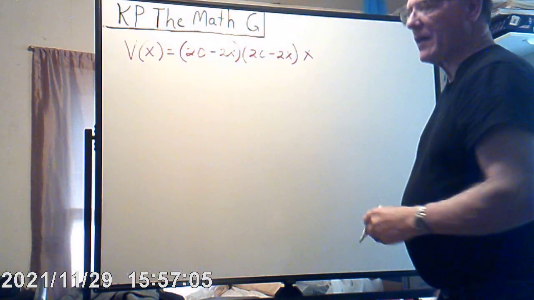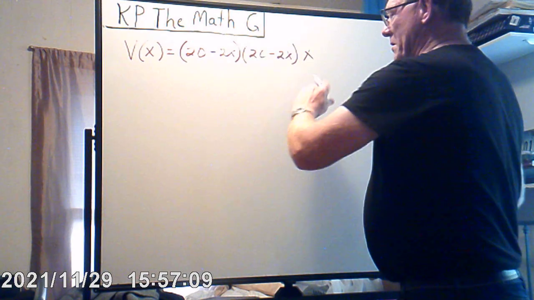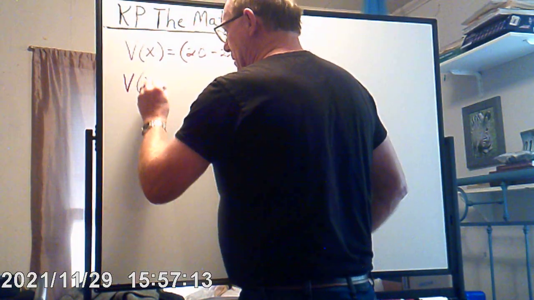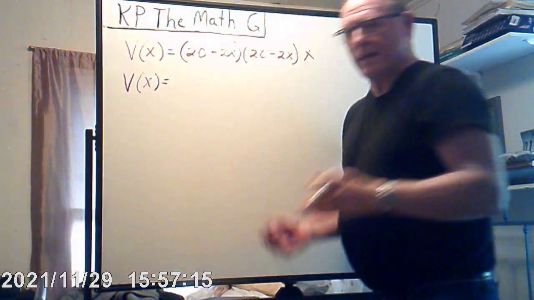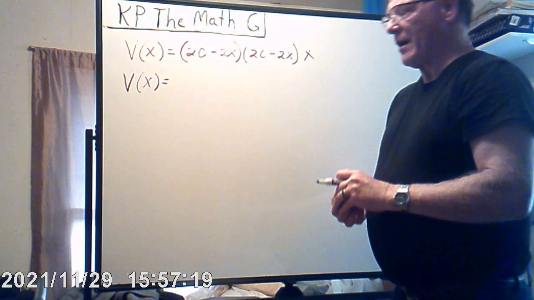Now that's your volume. Let's go ahead and multiply all of this. So we're going to have a little bit of work to do to get it the way we want it before we take v prime.